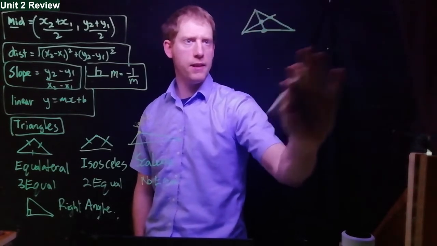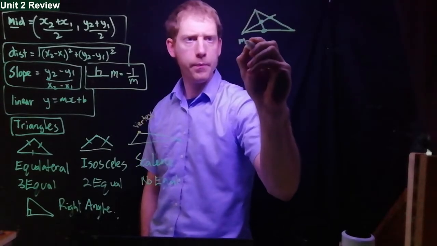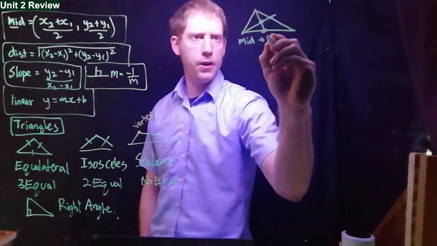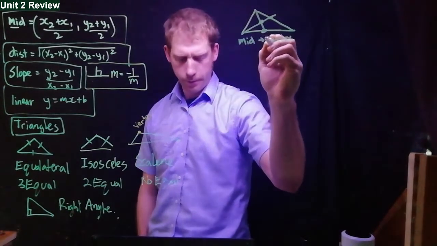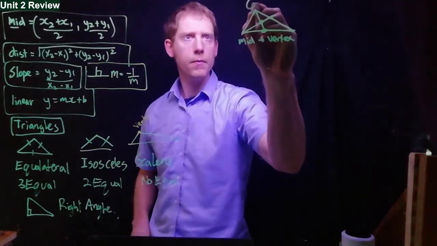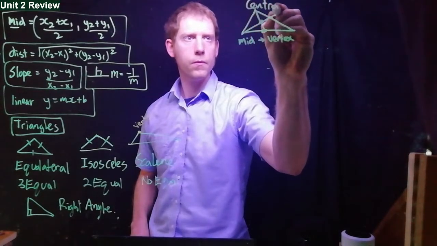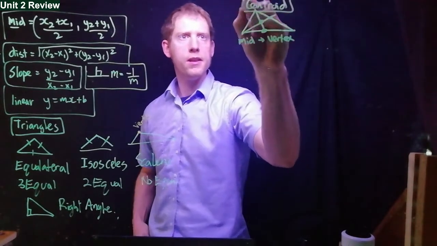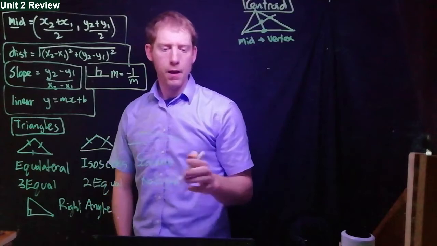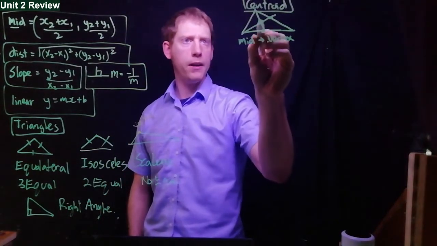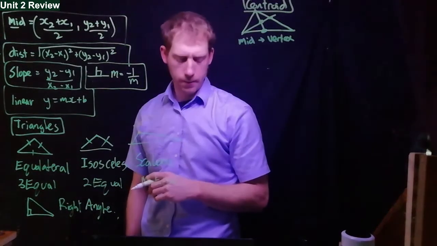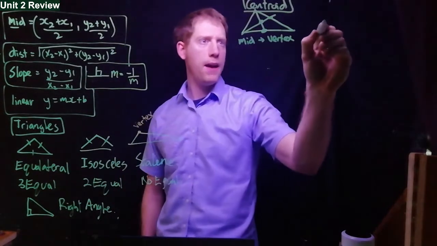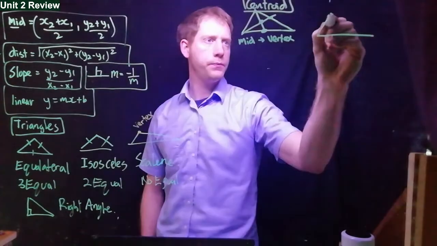That's using the midpoint to the vertex. That's called finding the centroid. The centroid of a triangle is when I have a midpoint connected to the vertex where those two lines meet. It's called the centroid.